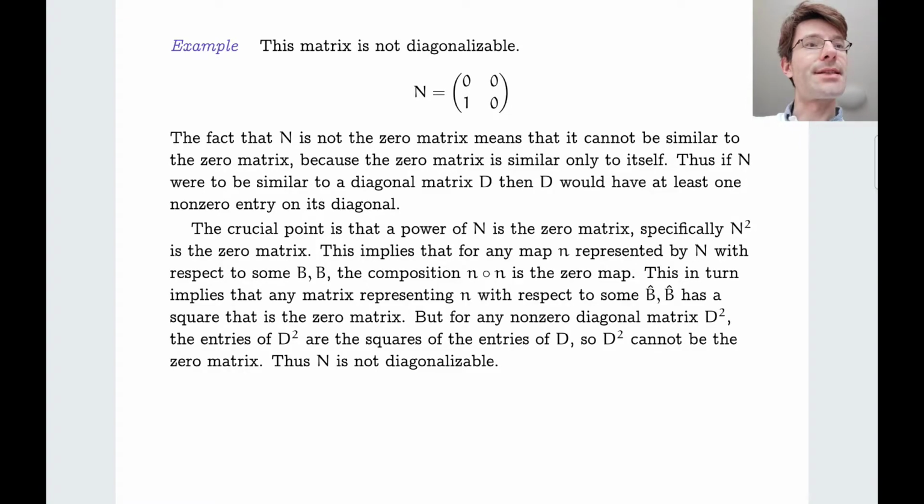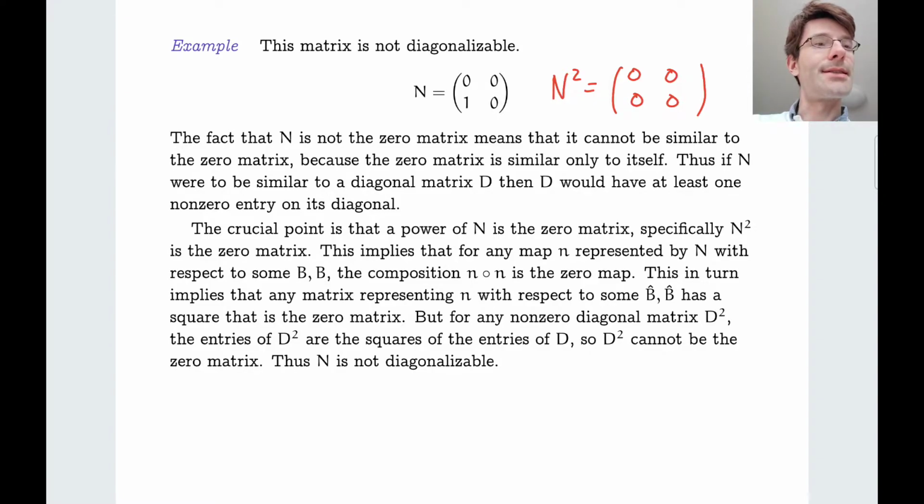Now, this matrix is not diagonalizable, and here the argument is a bit more sophisticated. It's based on the observation that N squared, so N times itself, is equal to the zero matrix. Now the argument on the slide is in terms of maps, which is good, but perhaps now it's easier to follow along if I give you a direct argument based on just matrices.